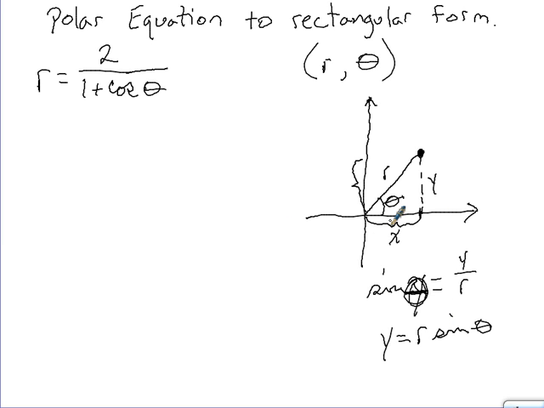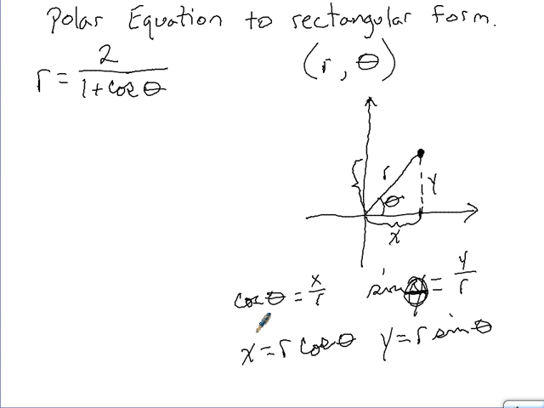Similarly, for the x value, cosine theta is equal to x over r, and that would mean that x would equal r cosine theta. Well, now we see how to find x and y. How would we find r and theta if we knew what x and y were?